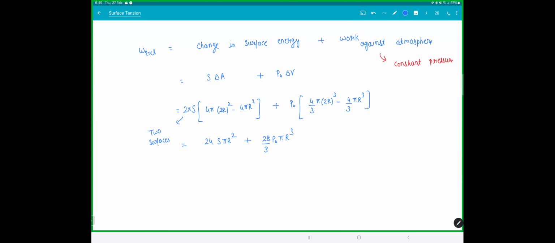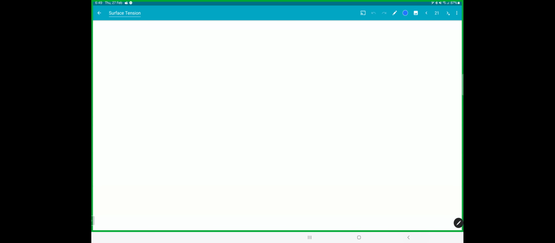Next thing, like I said, if every molecule is trying to push inside, then there will be a pressure inside. Excess pressure inside a soap bubble and a liquid drop. Let's do a liquid drop first.